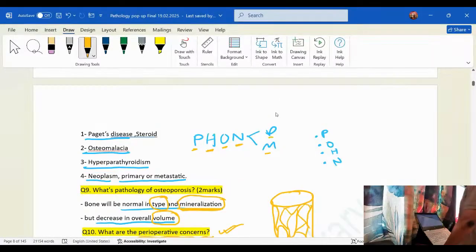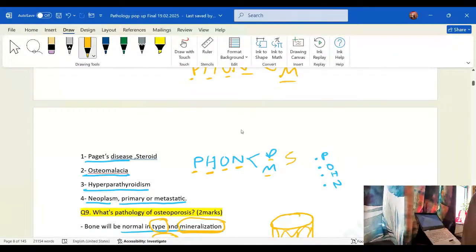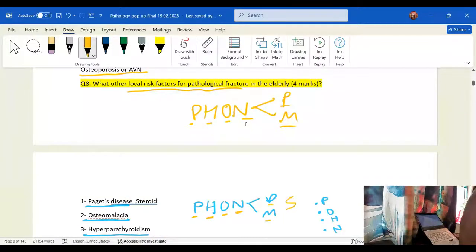Also steroid. PHONES, we can remember it like this, for secondary or pathological fracture risk factors. Paget's disease, hyperparathyroidism, osteomalacia, neoplasm, which is primary and metastatic, and steroid.